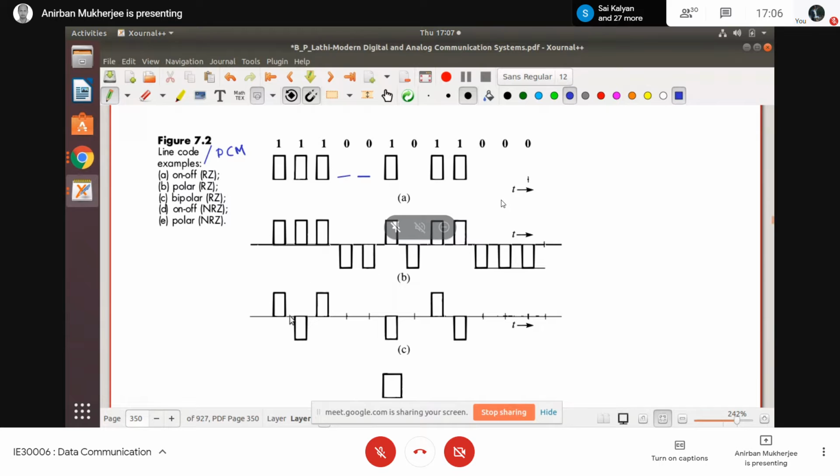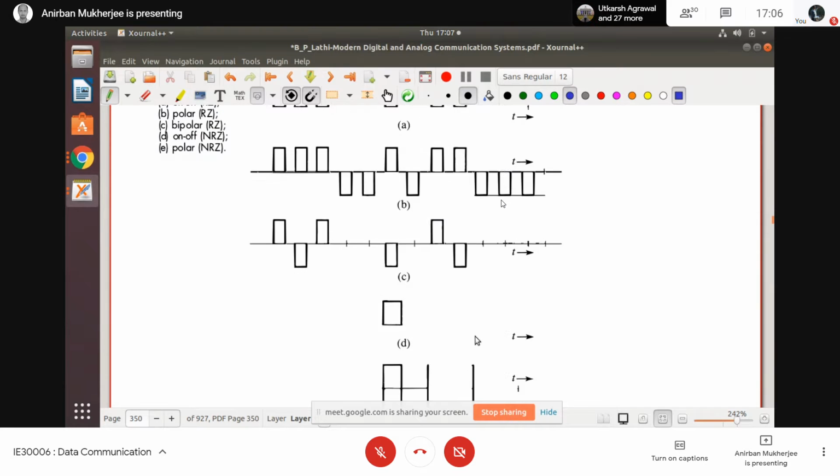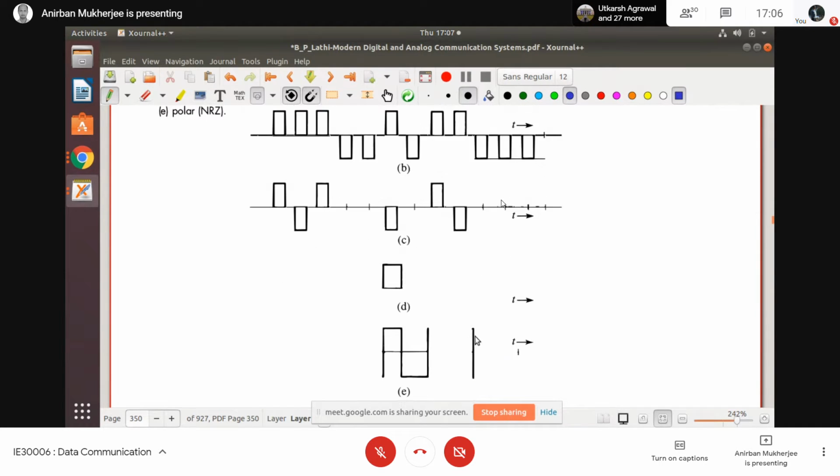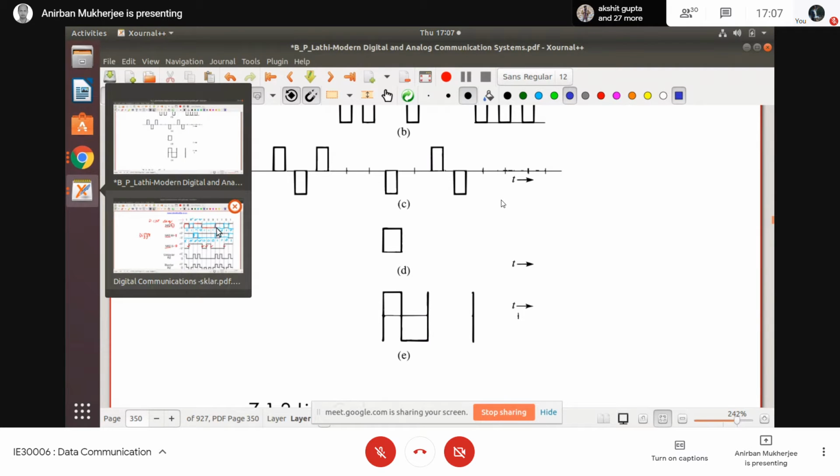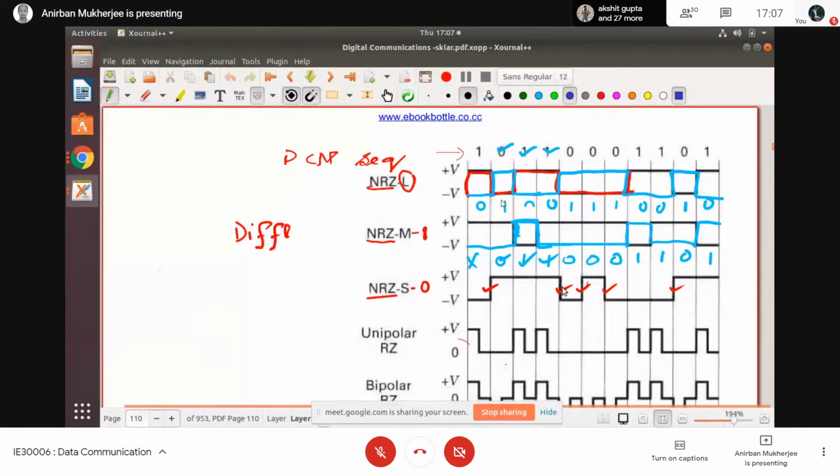That means I have polar return to 0 and bipolar return to 0. I forgot the difference of these two. But on-off and others are the different codes that we discussed, and if you remember, this one is rather better.